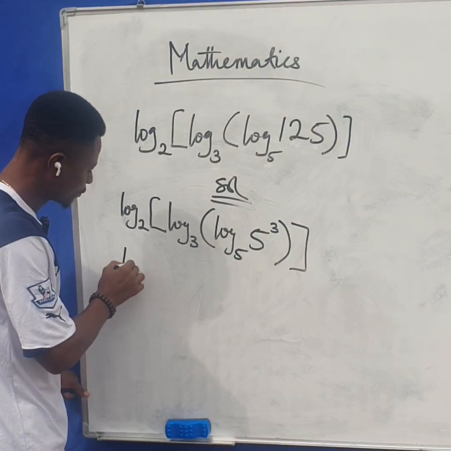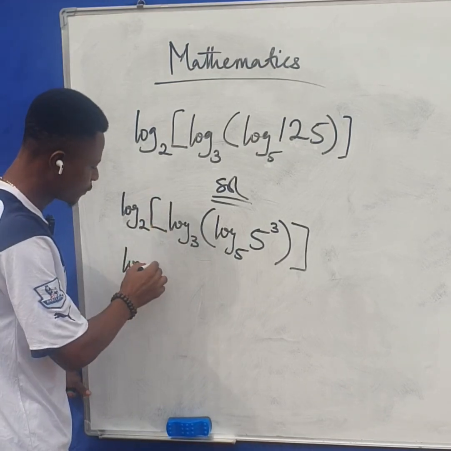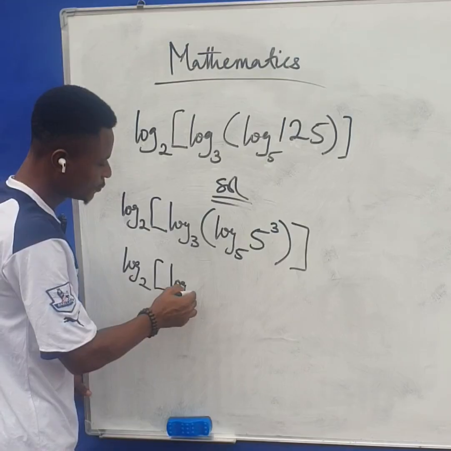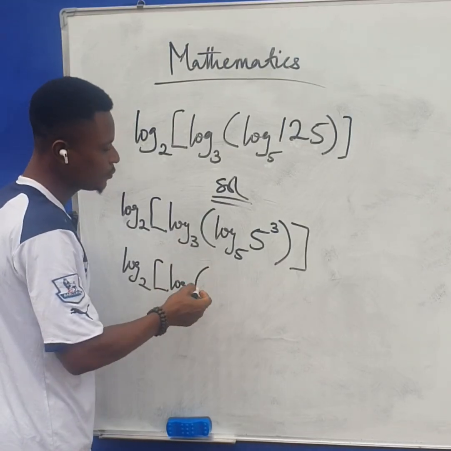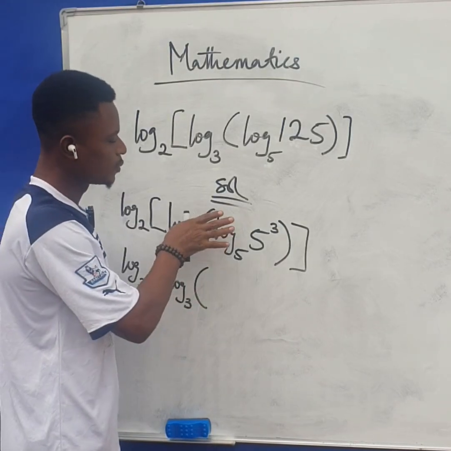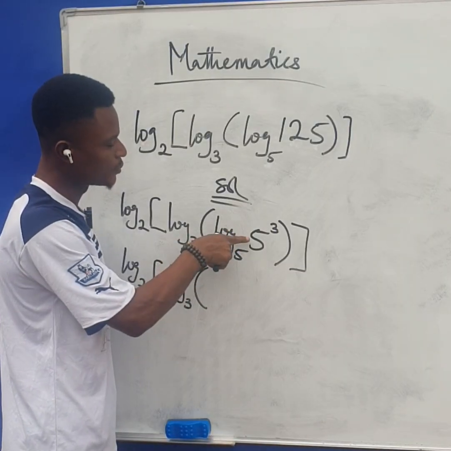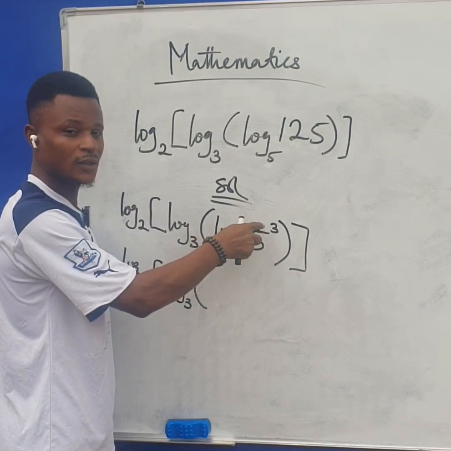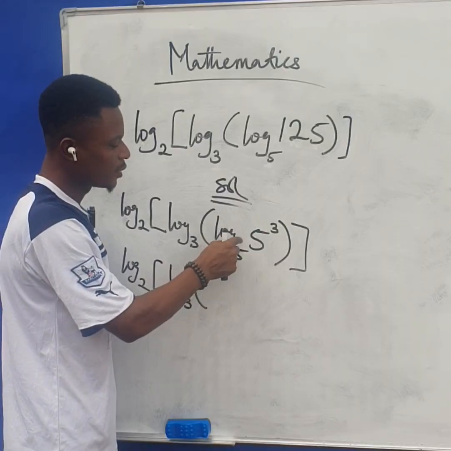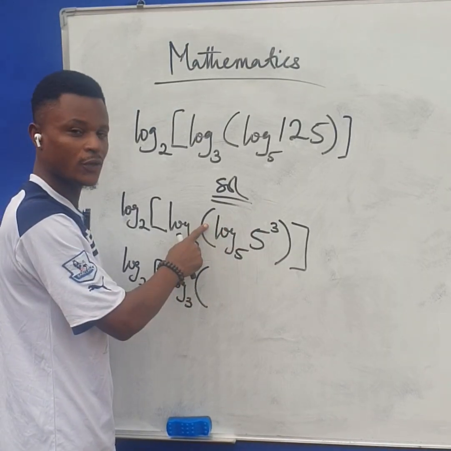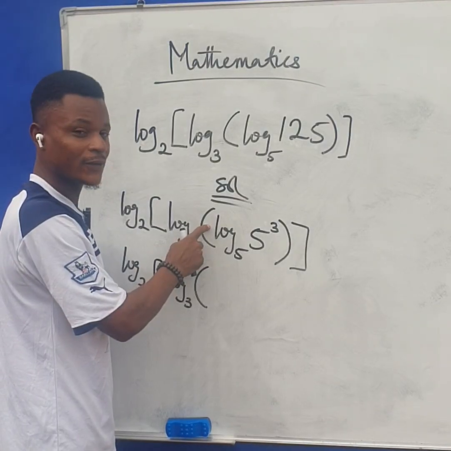Now let us solve further. We have log base 2 of, open the bracket, log base 3, now open this bracket. Now, according to the law of logarithm, anytime a logarithm is raised to a power, you can simply move this power to the front of the log, then use it to multiply the log.